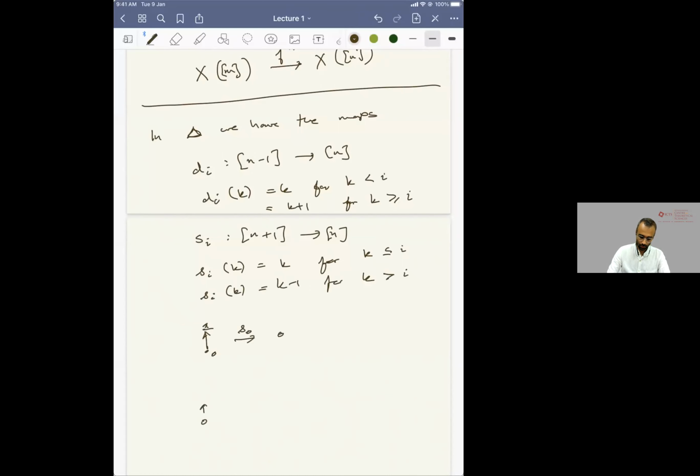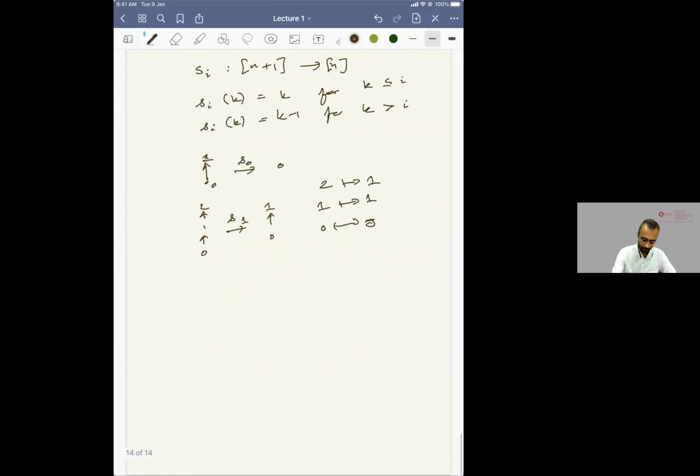And from 0, 1, 2, you have a map to 0, 1. Let's do one example. s1 will send 0 to 0, 1 to 1, and 2 to 1. So you have these maps. And in fact, these maps generate all other maps. You can write all the maps in this category delta as composites of si and di. And that is what is behind this theorem.